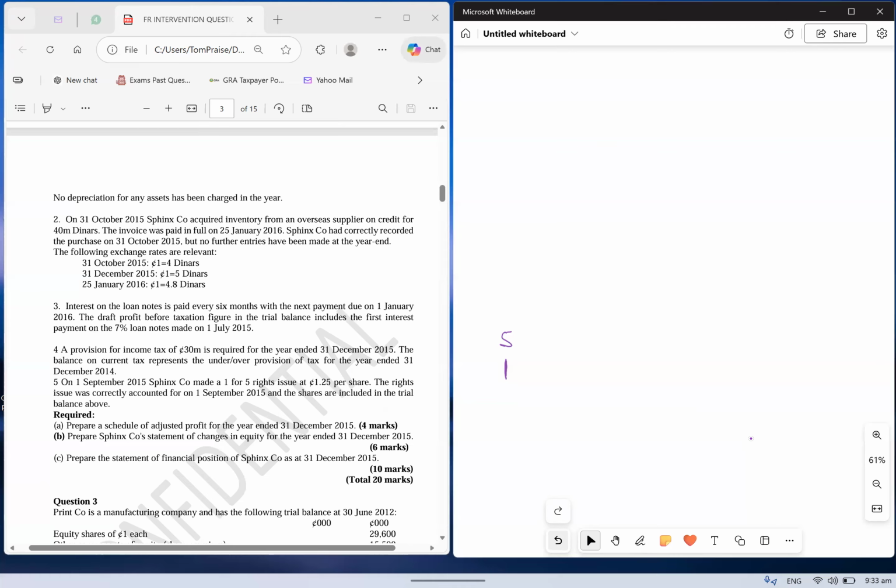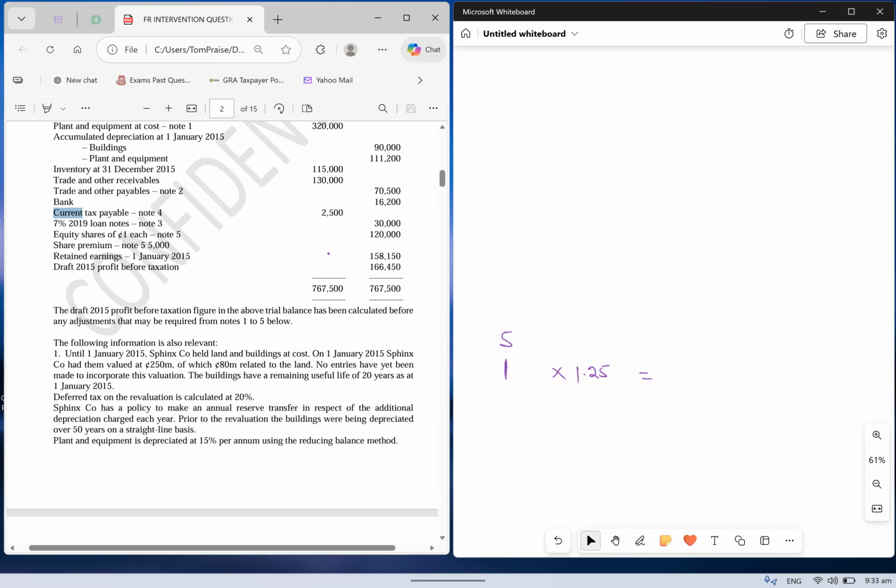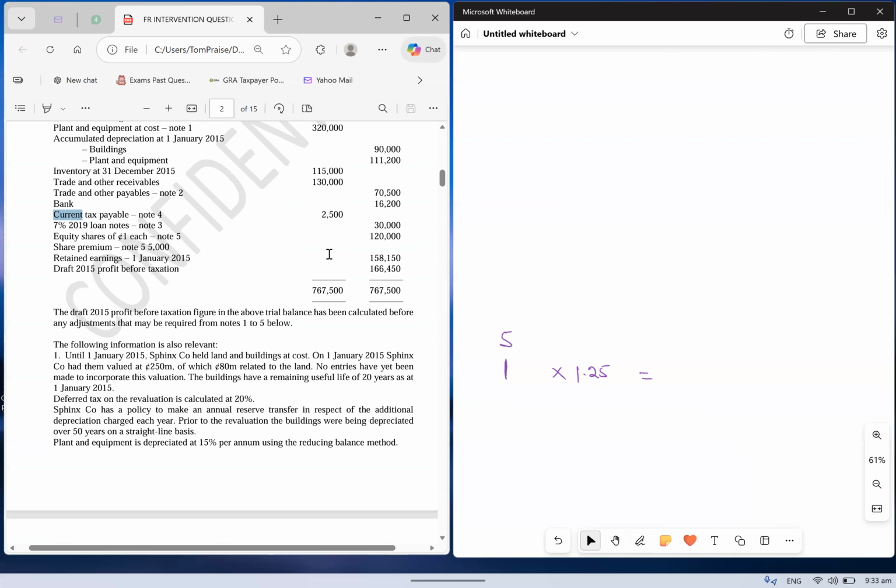Now, the extra 1 they are giving to you, the price of that extra 1 is 1.25. But we need to know the share price before this right issue. So what is the share price before? It was 1 Ghana cedis. That is what is here.